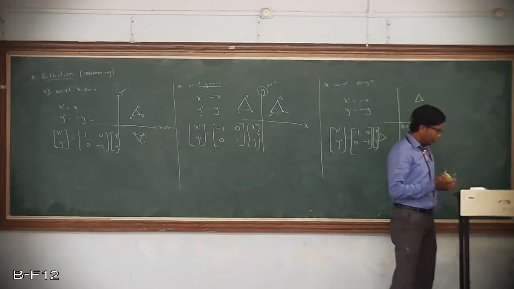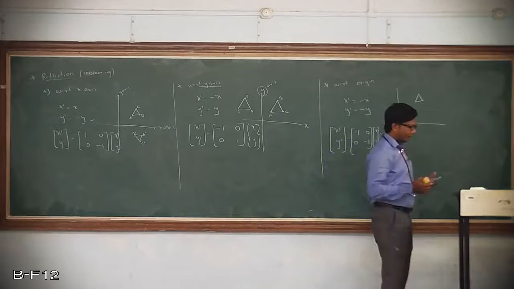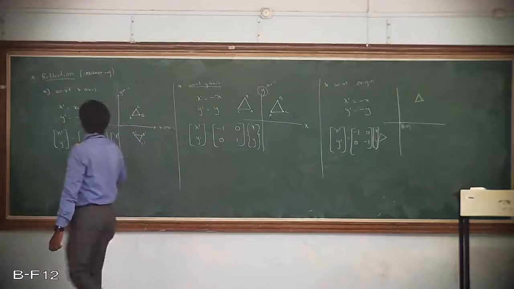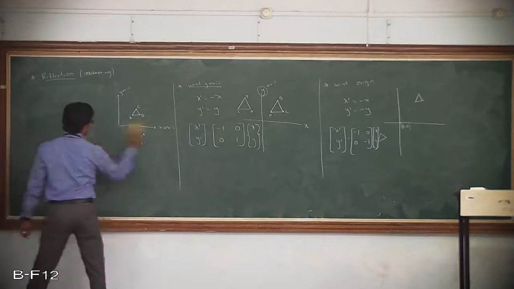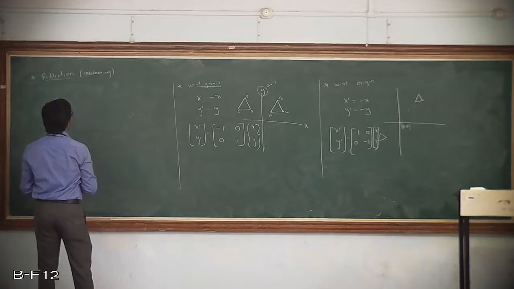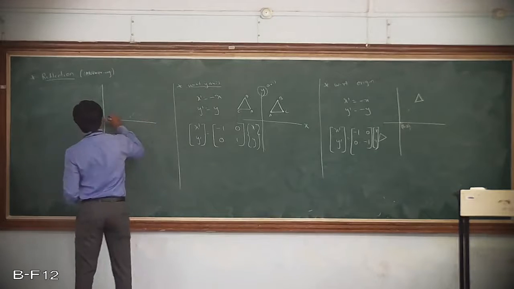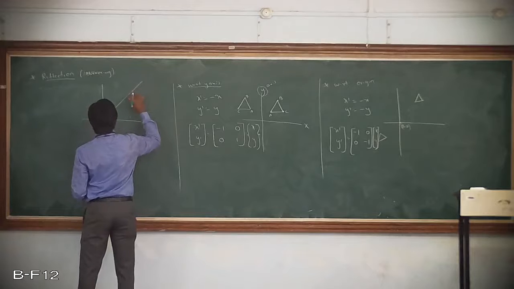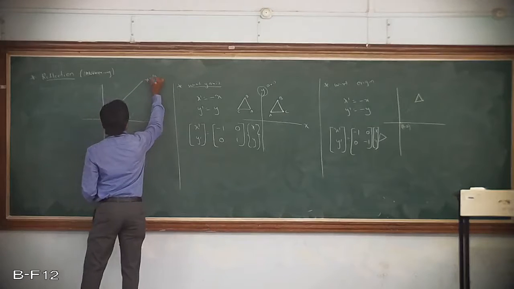Okay. So the final one will come if I want to reflect it through an arbitrary line. Through an arbitrary line, what will be the reflection matrix? For example, we call it the X is equal to Y line here.